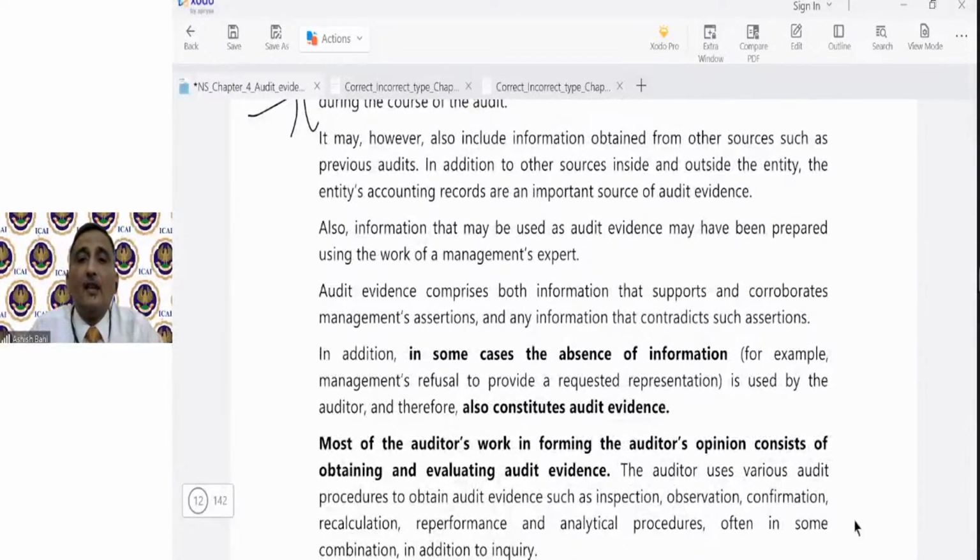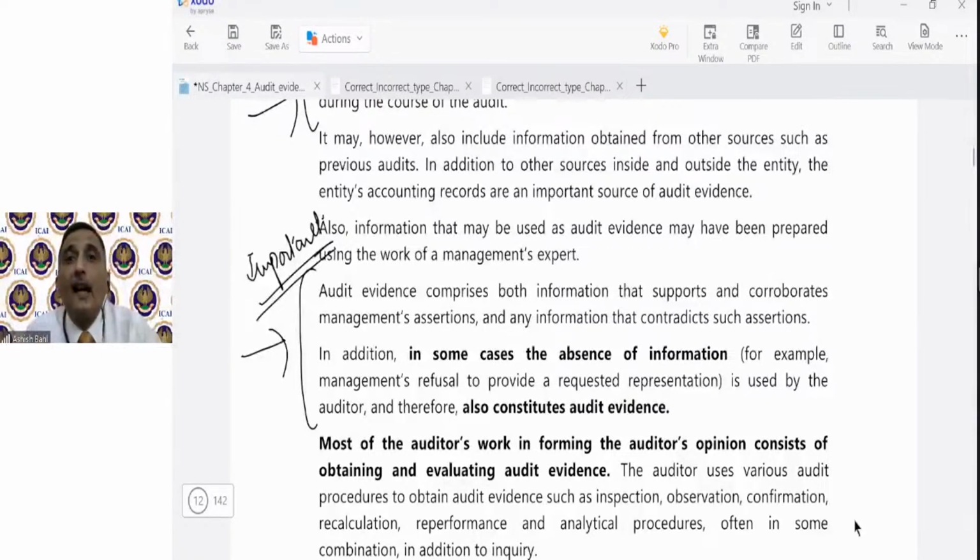So students, you have also to remember that even an absence of information also constitutes audit evidence. So this is also very important. Say how it can constitute audit evidence.